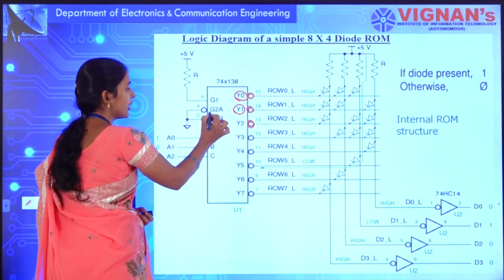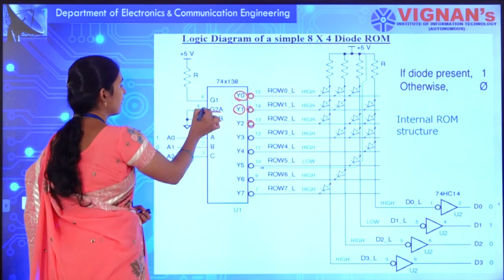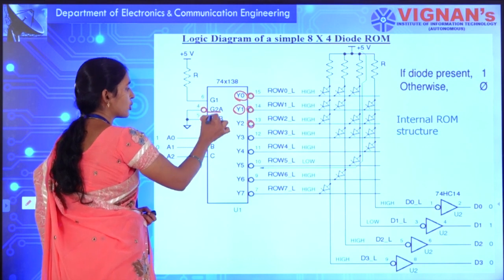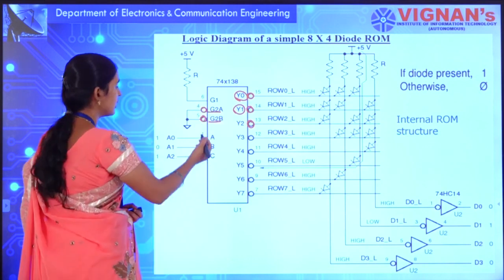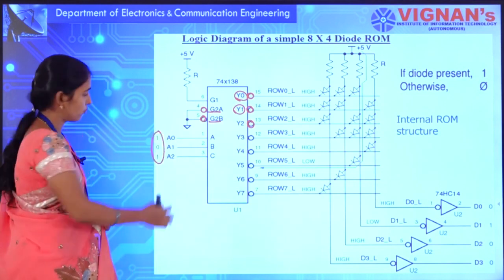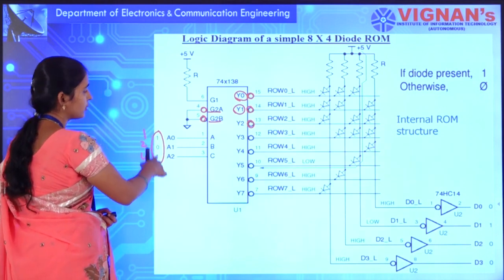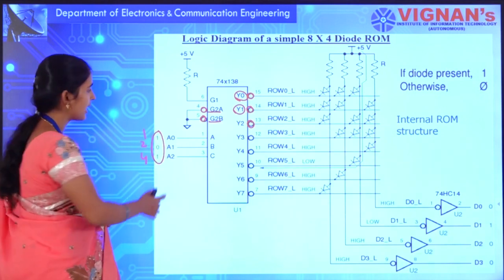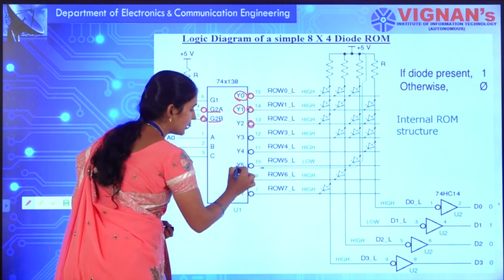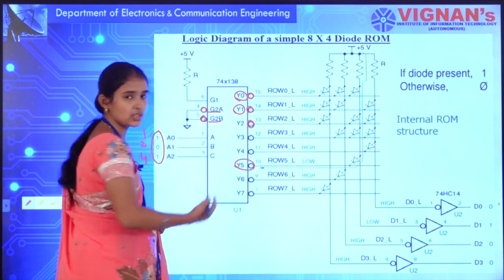At the same time, if you observe G2A and G2B, we have a bubble, which indicates these two are also active low inputs. See here, as I am taking the input 5, that is nothing but 5 input I am giving, Y5 will be active low and all the remaining will be in active high state.